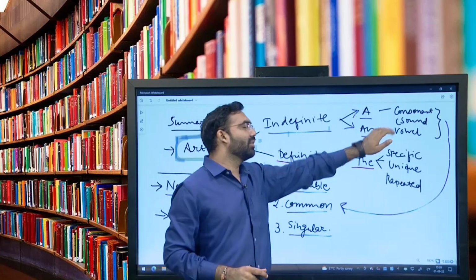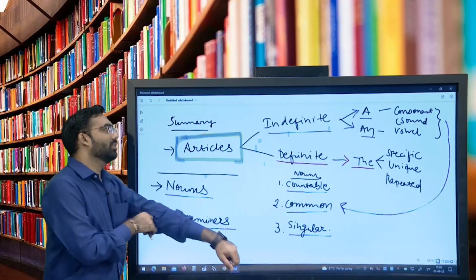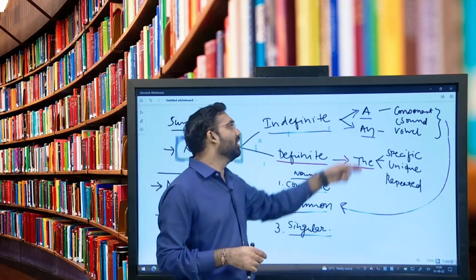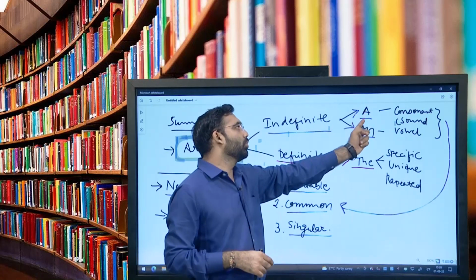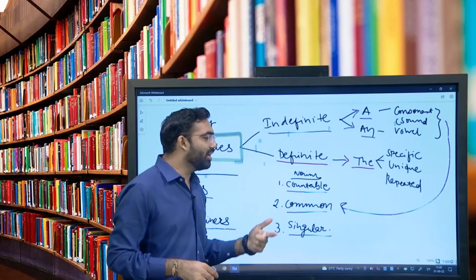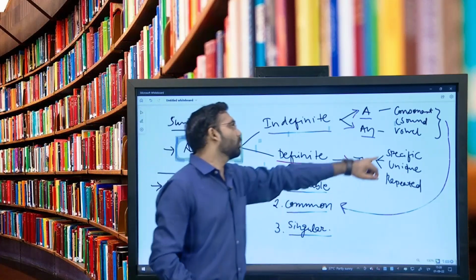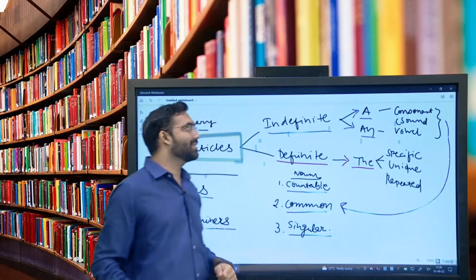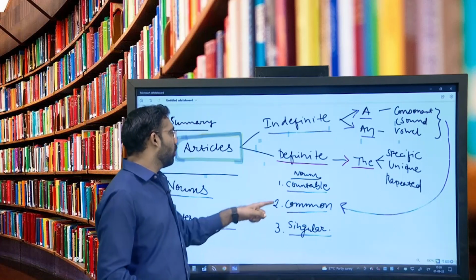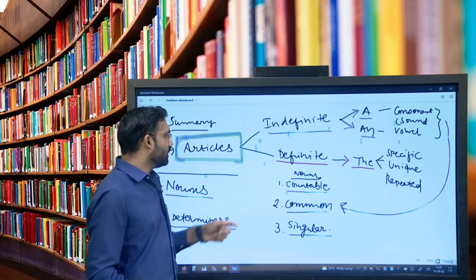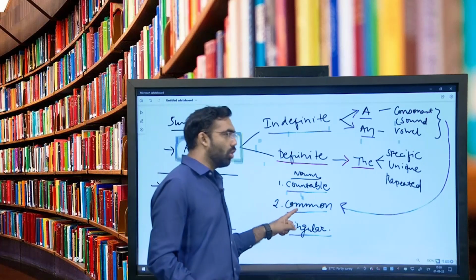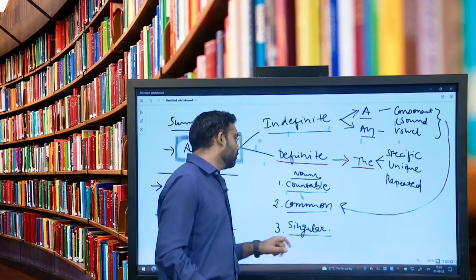If the sound of the first letter of your word starts with a consonant, you would use A. And if the sound of the first letter of your word starts with a vowel, then you would use AN. There are also three conditions that we have to remember. What is that? Now the word should be a countable noun, it should be a common noun, and it should be a singular noun.